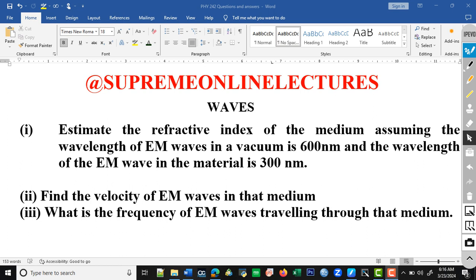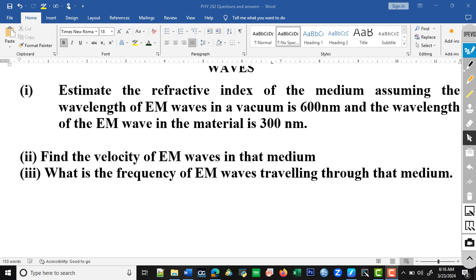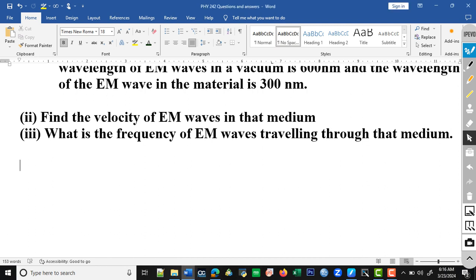In case you see us apply the speed of light, you shouldn't be confused about that. And we have the wavelength of this electromagnetic wave traveling through the vacuum to be 600 nanometer, and the wavelength in the material is 300 nanometer. So we are going to pick an expression suitable to enable us solve this example.